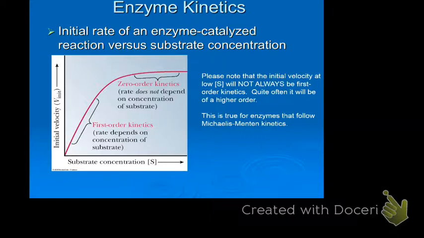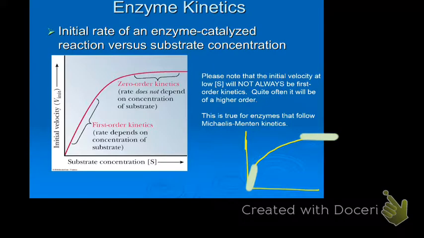Now, not every enzyme follows Michaelis-Menten kinetics. ATCase doesn't. At very low substrate concentrations, it is not first order. But if it's truly hyperbolic, like this, then this region right here does follow first order kinetics, and this region up here follows zero order kinetics.